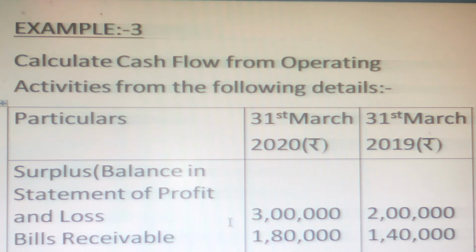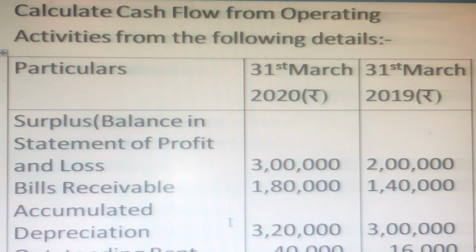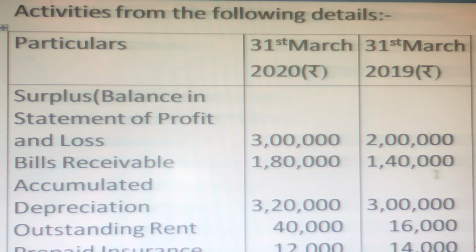Here, calculate cash flow from operating activities from the following details. They have given the 2 comparative years, 31st March 2020 and 31st March 2019. They have given surplus balance in statement of profit and loss, 3 lakhs, 2 lakhs. Then bills receivable 1,80,000, 1,40,000.